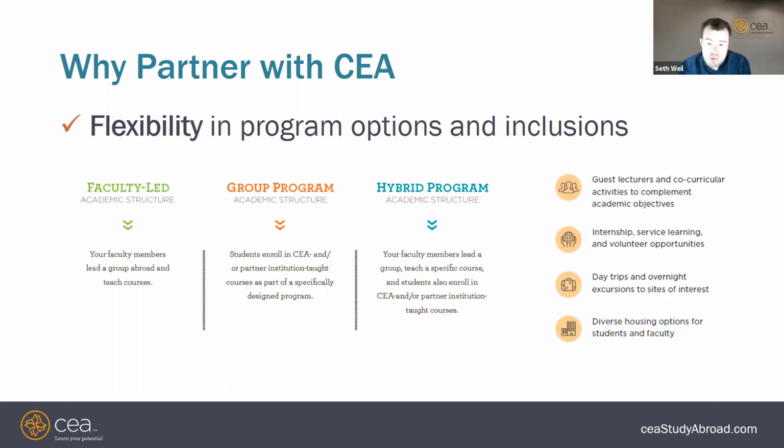Beyond coursework, each program's on-site inclusions can be fully customized as it relates to the co-curricular activities, excursions, transportation, housing types, and much more for each individual program. We look at each program as an individual program, not as a pre-prescribed program based off of the academic discipline.